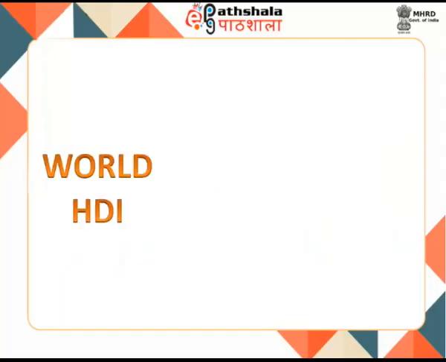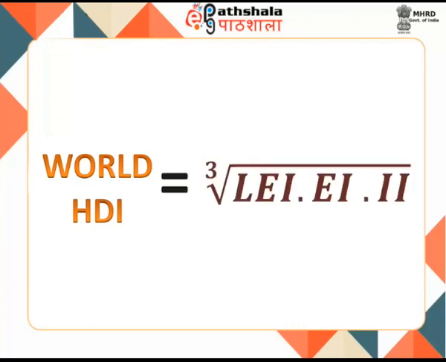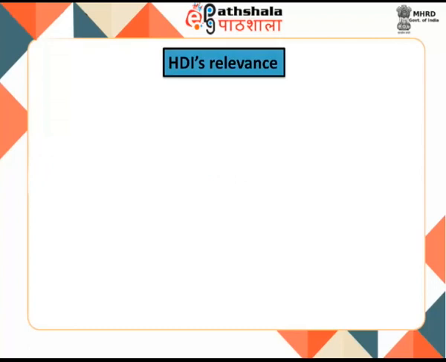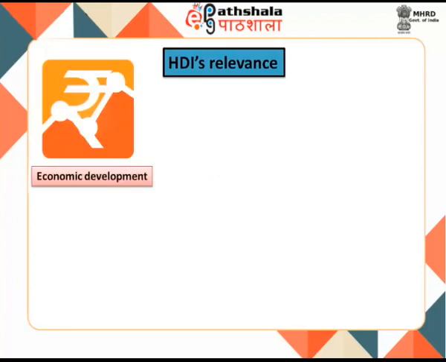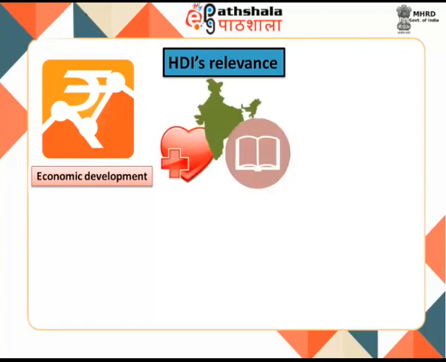World HDI is then calculated by taking the geometric mean of the previously mentioned indices, which is given by the cube root of life expectancy index times education index times income index. The HDI is most relevant in assessing the economic development of various countries. The indices used to calculate HDI provide, in a nutshell, information about a country's material welfare as well as its health, education, and other aspects.